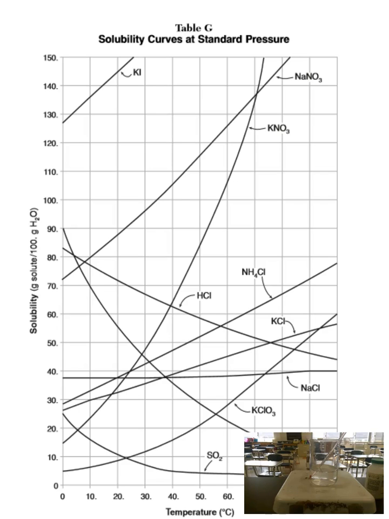Follow it across to the y-axis and estimate at 40 degrees Celsius how many grams of sodium nitrate need to be in this solution to make it saturated? So if I already put 87 grams in, how many more grams should I add?